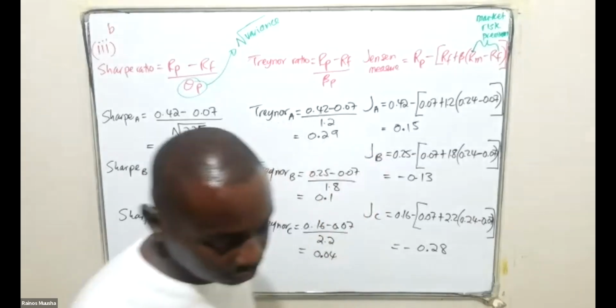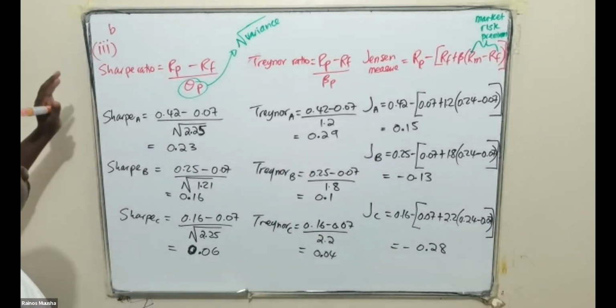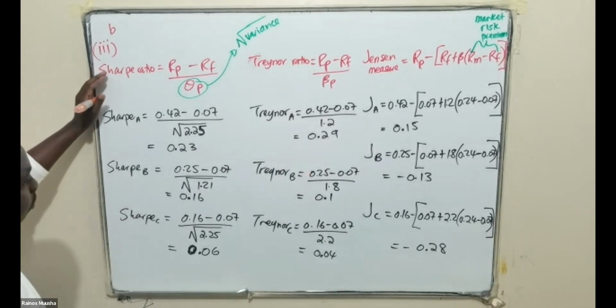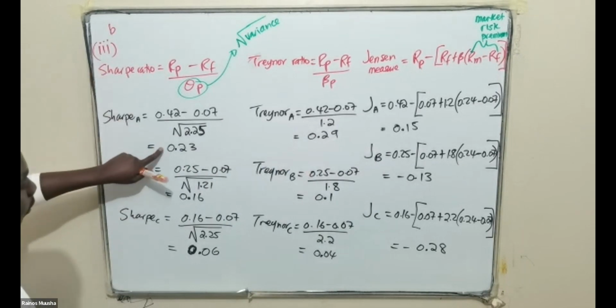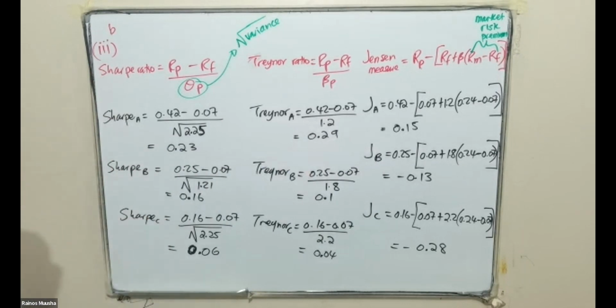So if you look at the Sharpe ratio, portfolio A is 0.23, 0.16, and 0.06. So which one was the best performing in this case?